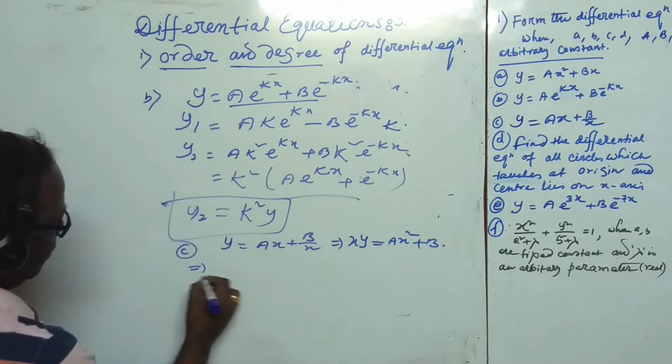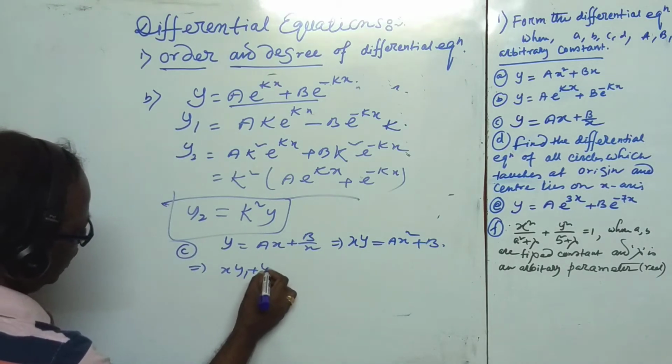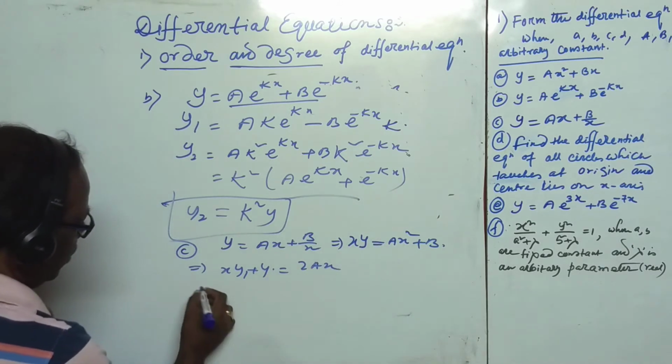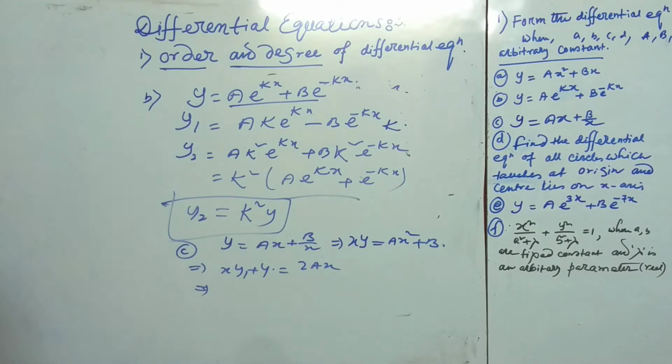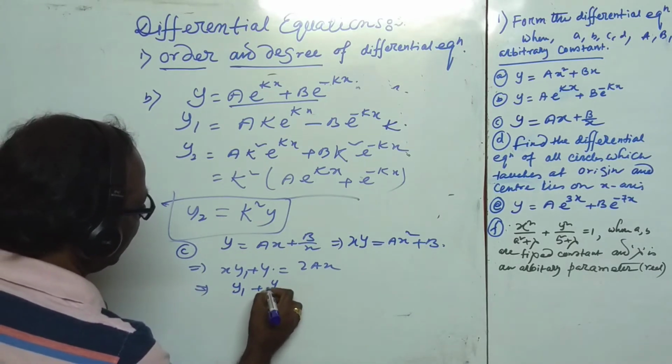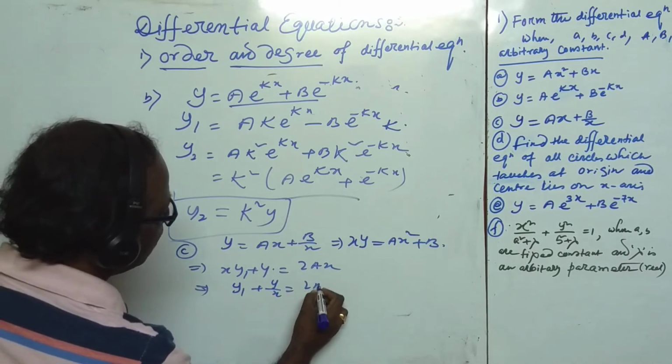Then differentiate, we get x y1 plus y, which is twice ax, and b is 0. If we divide by x, we get y1 plus y by x, and that is equal to twice a.